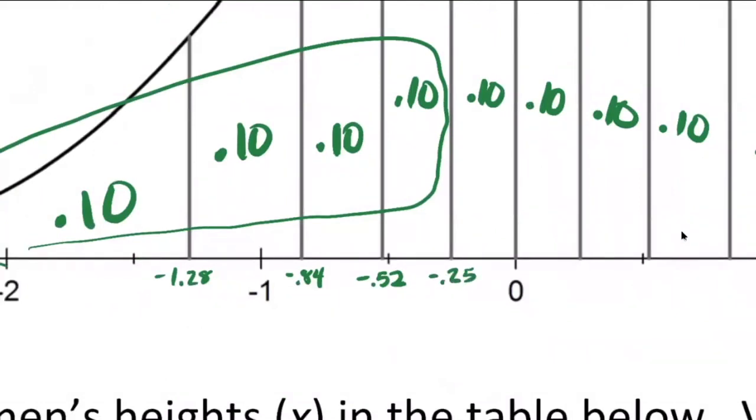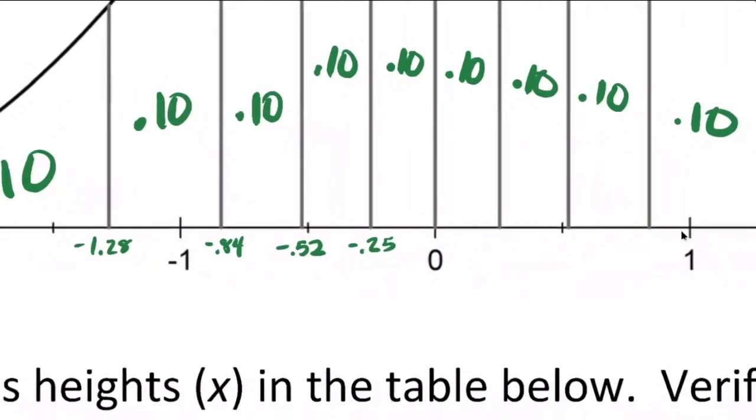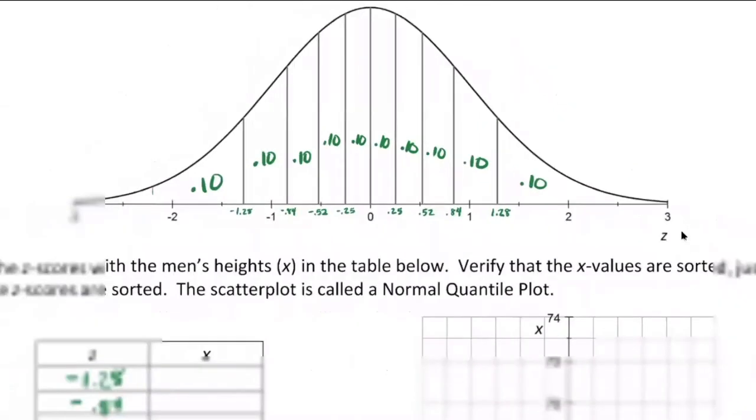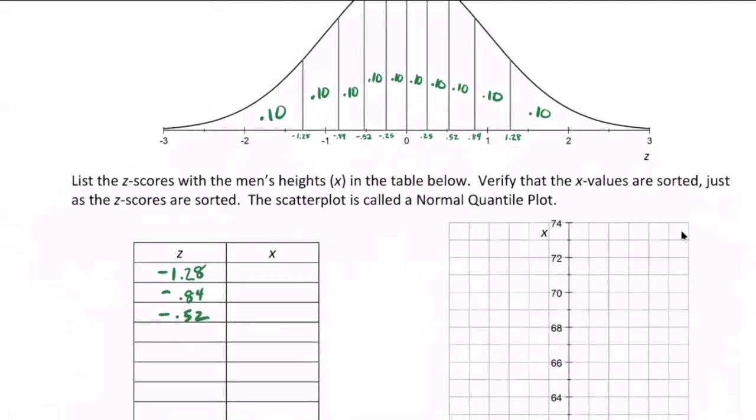And for the rest, remember the symmetry of this distribution. Anything on the left is going to be mirrored on the right. So we're going to have a 0.25 and a 0.52 and a 0.84 and a 1.28 here. And that's what we would consider a perfect sample of Z-scores.